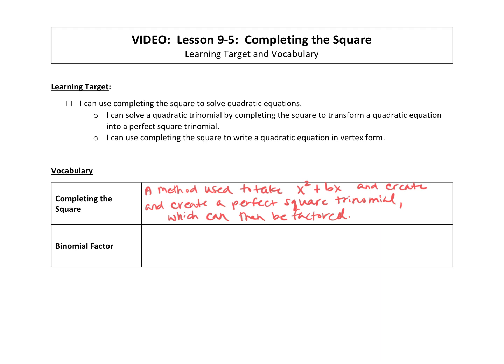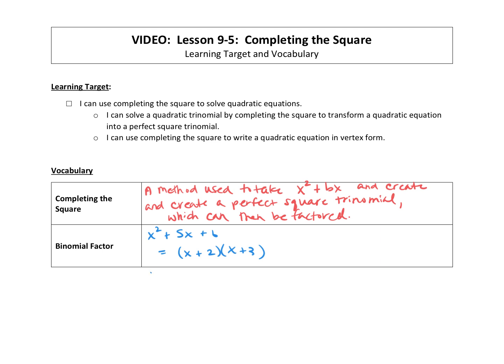Binomial factor. So you guys have been working with binomial factors. For example, let's say we have x squared plus 5x plus 6. If I want to factor this, I'm looking for factors of 6 that add up to 5, and we'll come up with 2 and 3. So in factored form, that looks like x plus 2 times x plus 3.